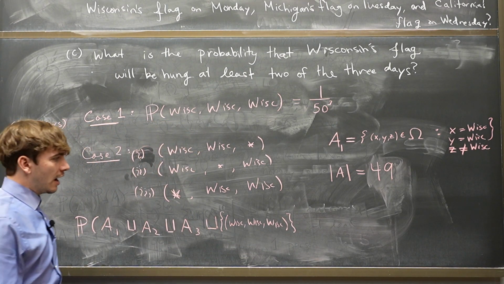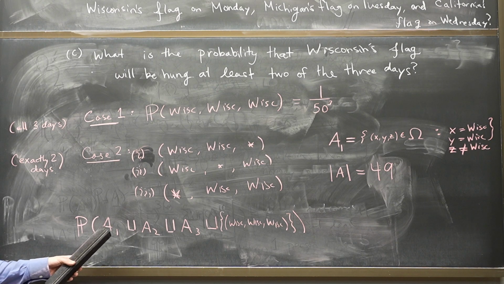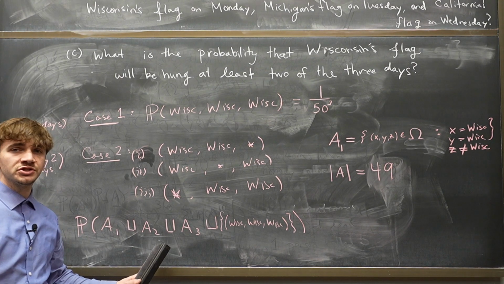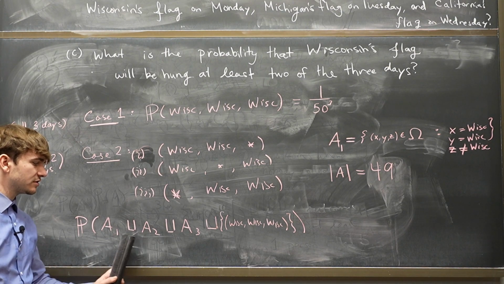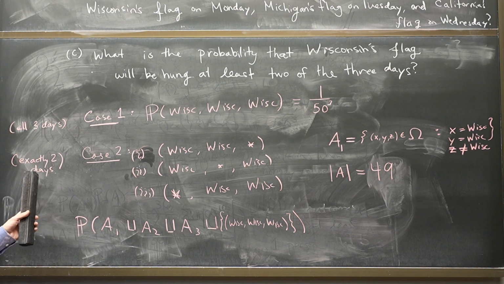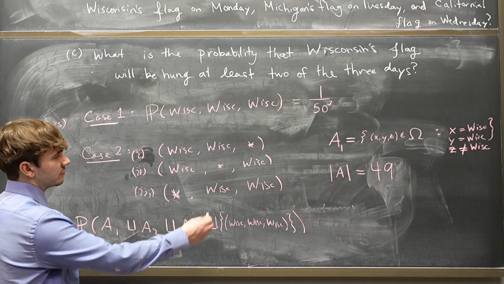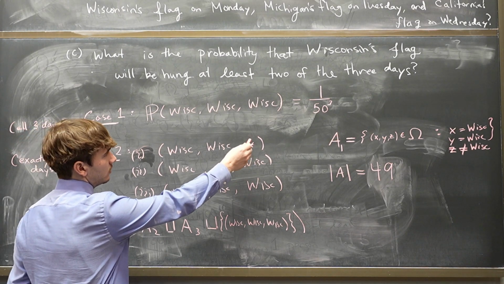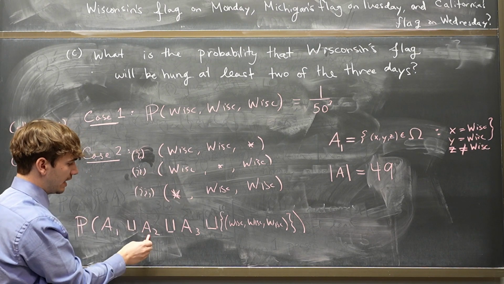Now, by the axioms of probability that I mentioned and perhaps stumbled over earlier, since this is a probability measure, it's going to sum over disjoint unions. Recall that a disjoint union means that these events cannot have any elements in common. And that's the key: we've made sure that these don't have anything in common, because we've specified that, for example, all 3 Wisconsins cannot occur in A1, A2, and A3.